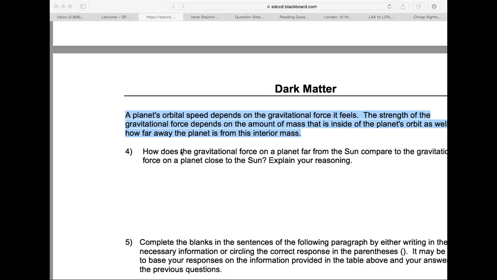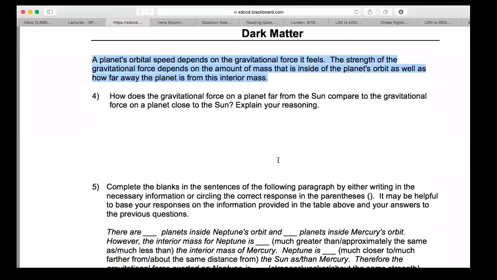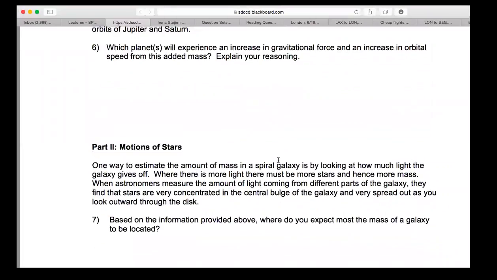Gravitational force also depends on the mass, and Jupiter is bigger. I know, but that's not the point. Once again, this highlighted sentence, what does it tell you? It states that the strength of the gravitational force depends on the amount of mass that is inside of a planet's orbit. And also the distance.